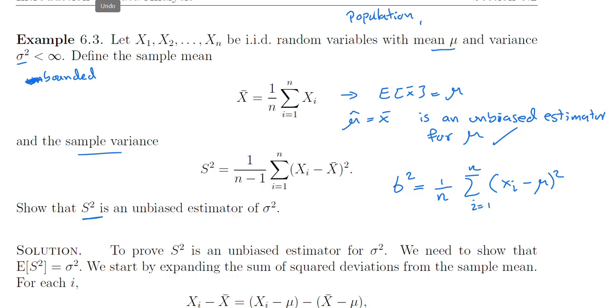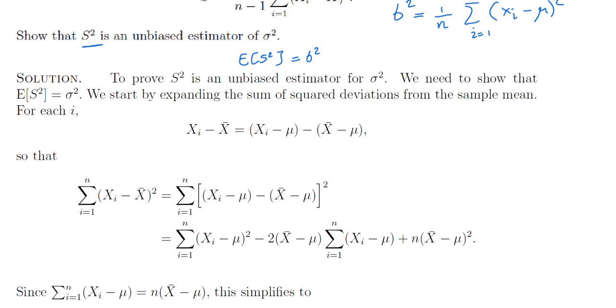Why? Why n minus 1? We're going to see that in a moment. Okay, so we have to show that s squared is an unbiased estimator for sigma squared. That means we have to show that the expected value of s squared equals sigma squared. Let's do it.